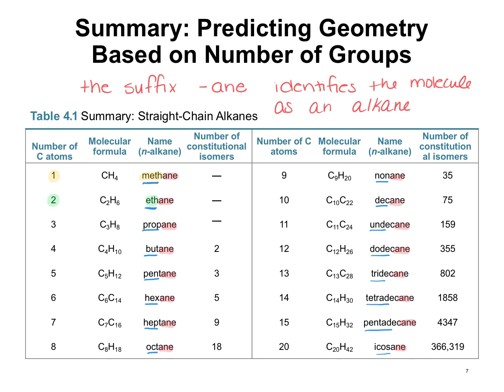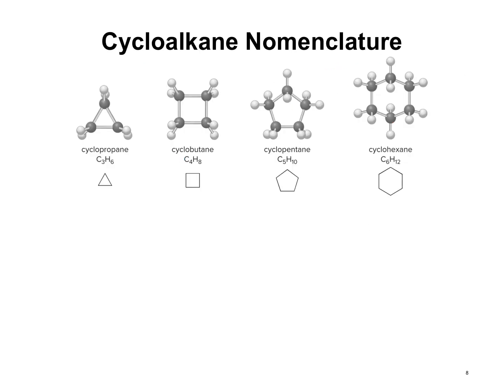Now, I also mentioned at the beginning that these alkanes can form rings, and those are called cycloalkanes. And remember, these have the molecular formula CnH2n and contain carbon atoms in a ring. When we look at this, most of the time you're going to see these drawn as the skeletal structures here.